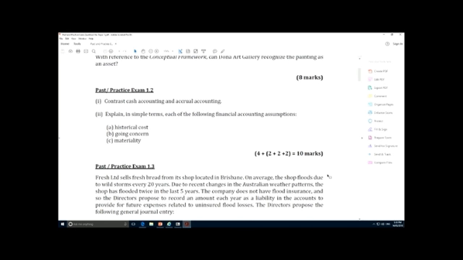Going concern, the lady in the front. What's a going concern? Correct. Okay, so going concern is about the company operating into the foreseeable future.